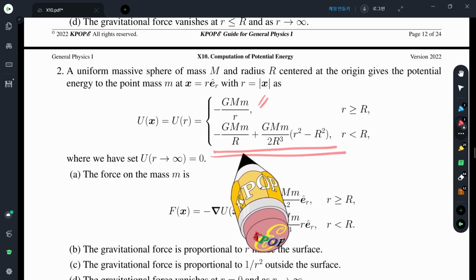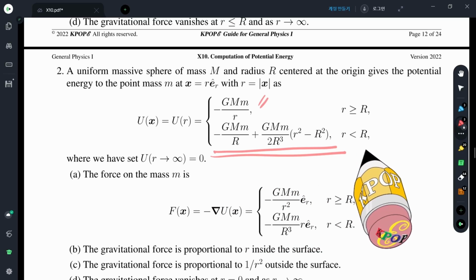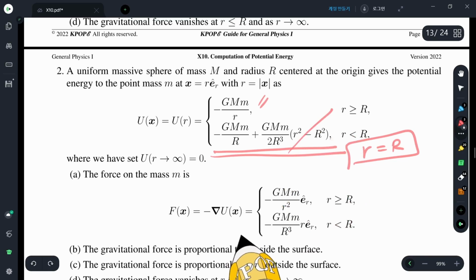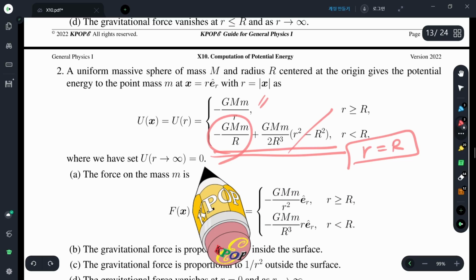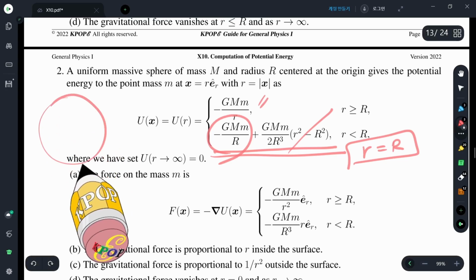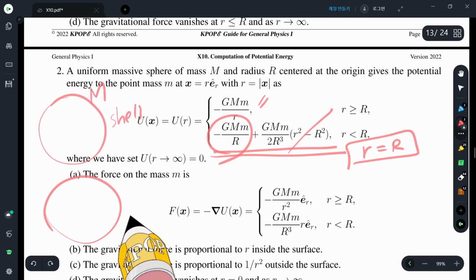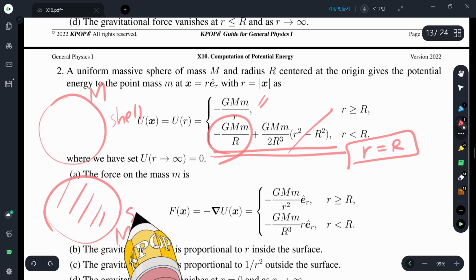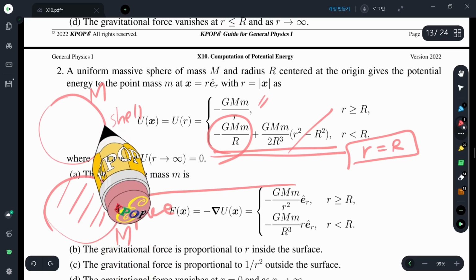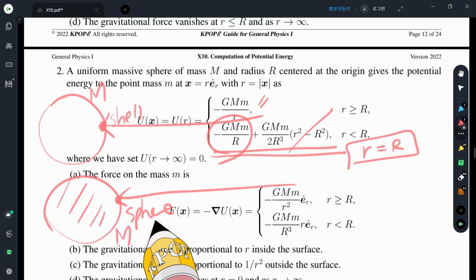Inside, why don't we consider the boundary value when r equals capital R? In that case, this term vanishes, and this is identical to the shell problem. So on the border, we cannot identify whether it is a shell or a sphere if both have mass m. Outside, until we reach the surface, I do not have any way to distinguish shell from sphere.